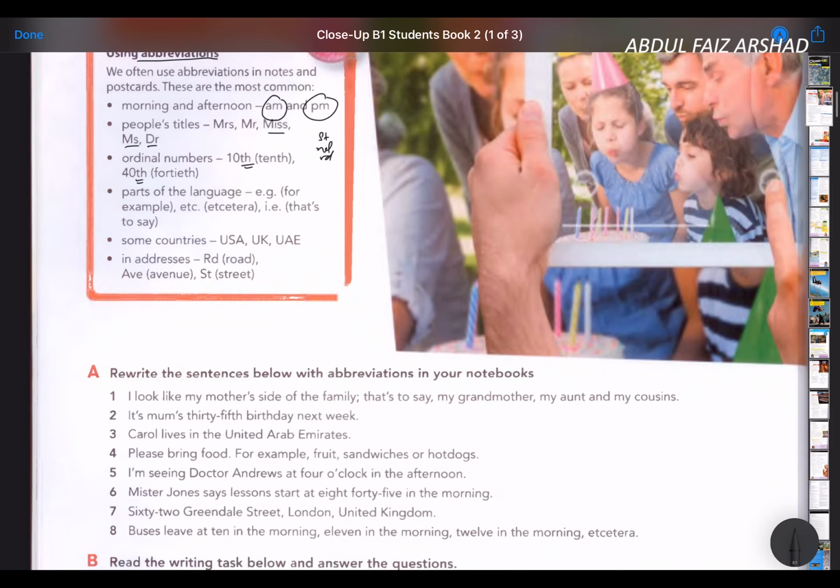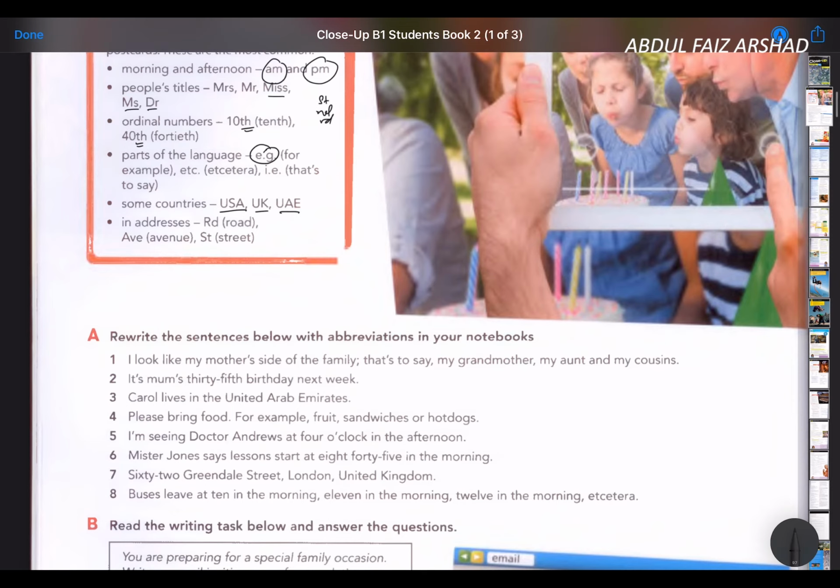Parts of the language, for example, we use EG. ETC means etcetera. IE means that is to say. And then some countries we use abbreviations, for example, United States of America, United Kingdom, United Arab Emirates. So this is the abbreviation for those countries. And sometimes in an address, when we have the word road, we use RD. When we have the word street, we use ST. And when we have the word avenue, we use AVE.